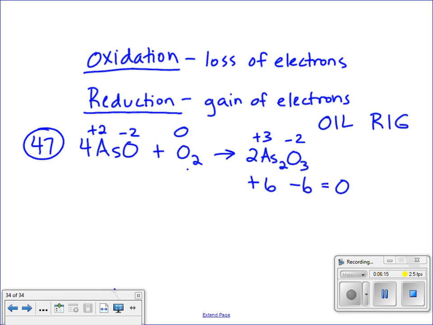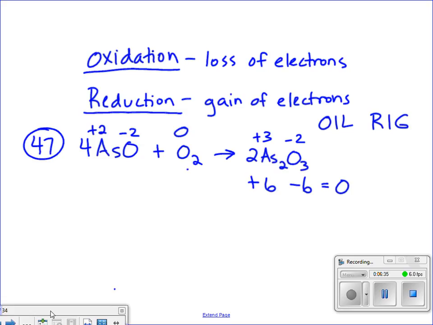If we were asked what the oxidation number of arsenic was, it's +3, but since there are 2 of them, the total charge is +6. That's how you go about assigning oxidation numbers. Once you have done that, you can determine which element is oxidized for number 47, which one is reduced, and then we'll talk about the agents.